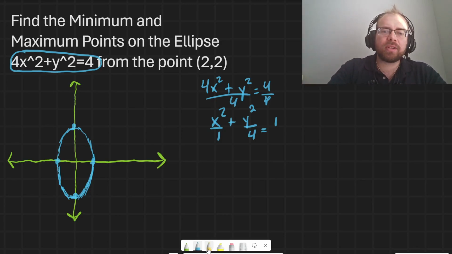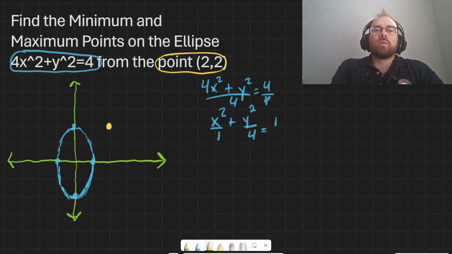And there's that equation. And then we're trying to see, on the point (0, 2), where is it the closest and where is it the furthest away? Well, it's exactly 2 spaces away from the point (0, 0).